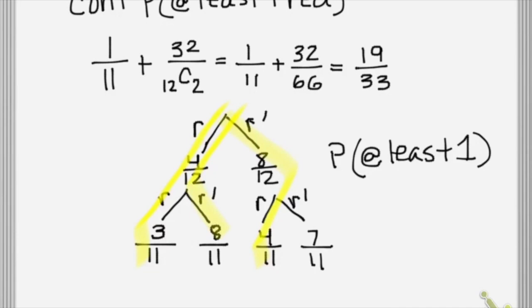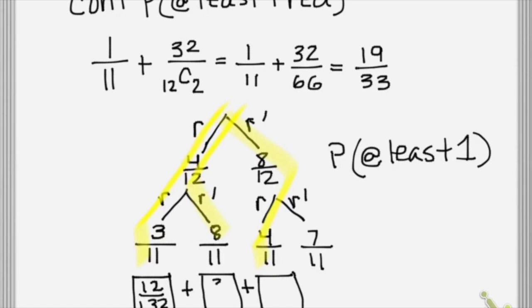Now, first of all, I'm going to get to the bottom of a path to figure out the probability of this pathway. So you see there are 3 pathways here, and then I'm going to add those. Now to find the probability of a pathway, it's a product. So I'm going to multiply the 2 probabilities. So this is going to be 12 over 132.